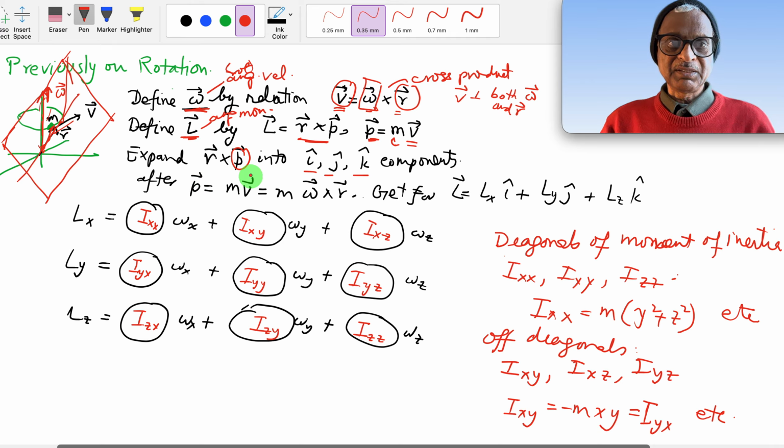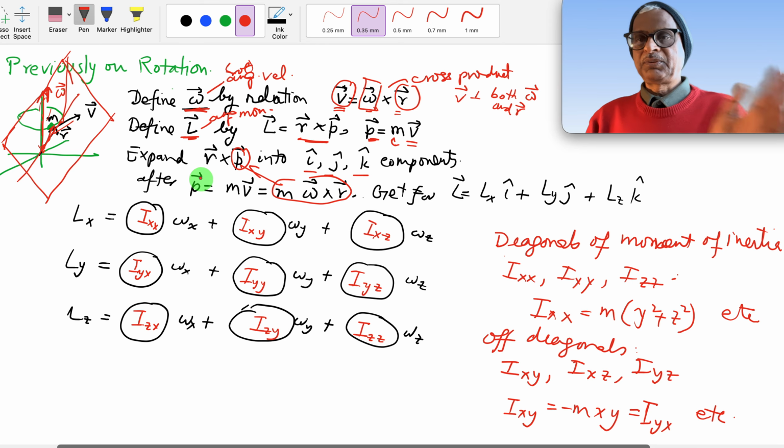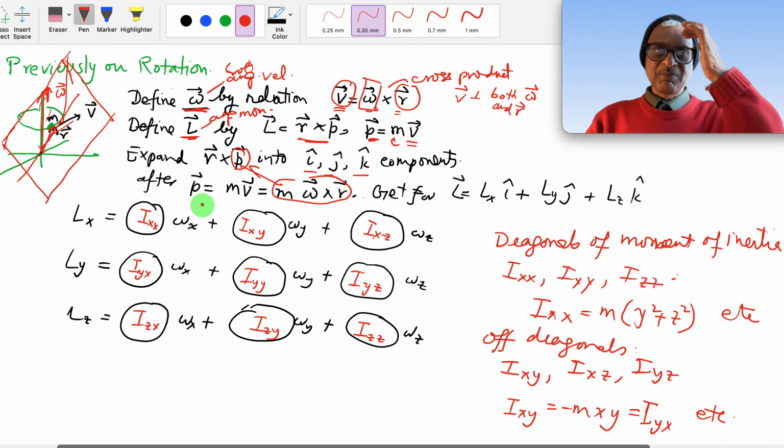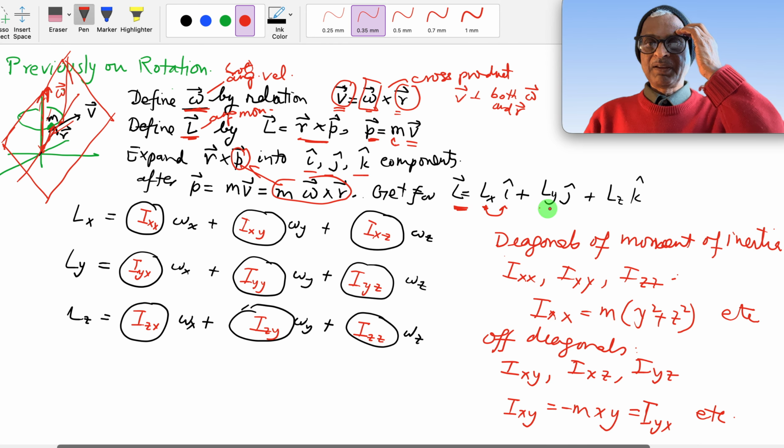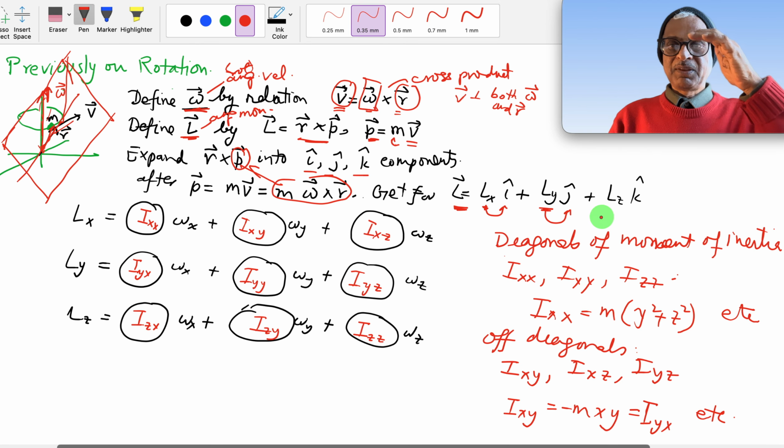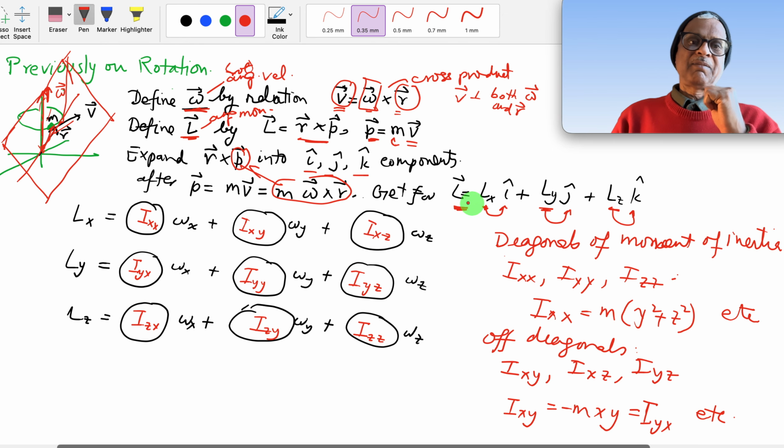You replace this by this and expand the whole thing out, and you find that you can write angular momentum as some x component times i hat, some y component times j hat, and some z component times k hat.